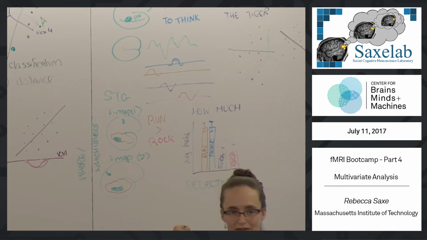You can think of it in this case, whatever the features that distinguish thinking verbs from running verbs. If there's intermixed neural populations that are just sampled slightly differently, then the difference between the two voxels in terms of which category they prefer will be a very small difference compared to the huge difference between what all neurons prefer and what they all don't prefer.